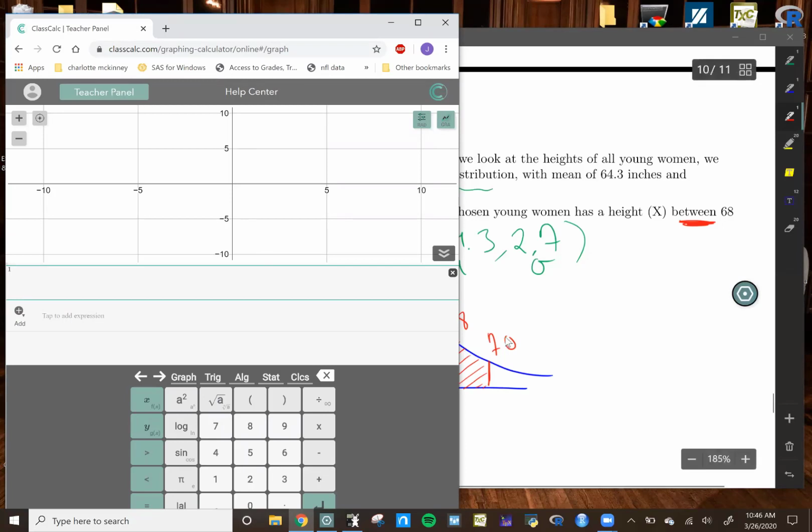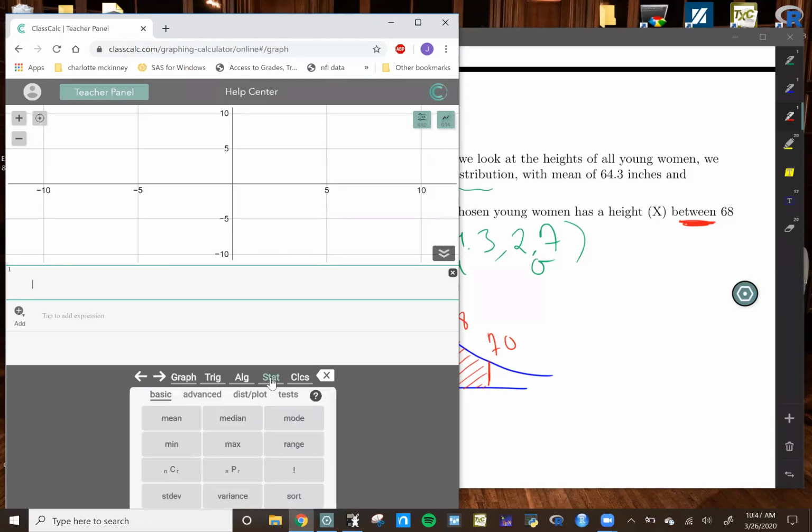All right. So what you want to do, if you're in ClassCalc, once you have it in graphing, go to Stats. And then Distribution. Sorry about that. Everybody at normal distribution?